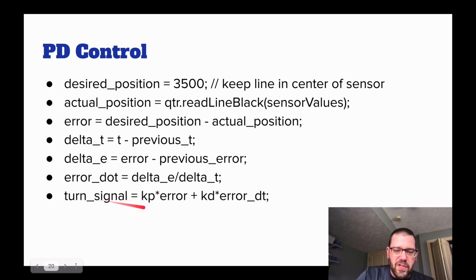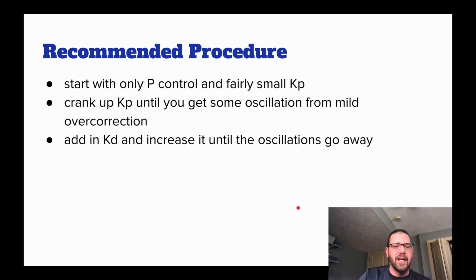And then when we calculate the voltage to our motor, our turn signal is Kp times our error plus Kd times error dot. So adding in these lines to numerically approximate the derivative of the error, and then adding in this extra term is all that it takes.